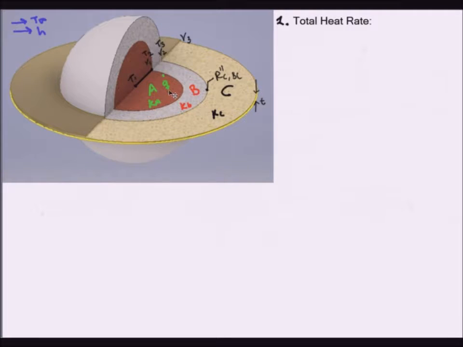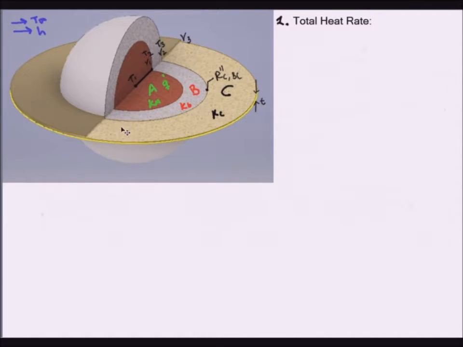The answer is that since we have a heat sink, a negative generation of heat, the central sphere is actually absorbing heat from the surrounding fluid. Actually, that's the whole point of this system, to cool down the fluid. So heat will actually flow from the outside to the center.